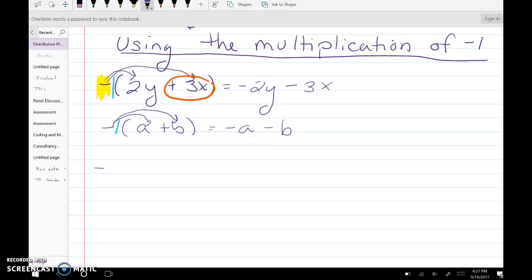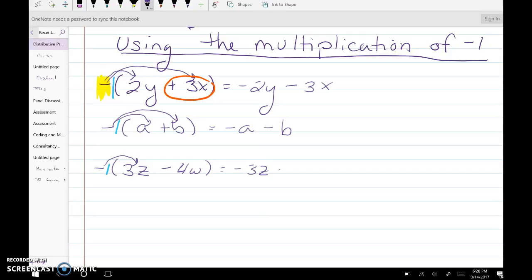What about negative (3z minus 4w)? Well, again, we know that this negative really means it's a negative 1 that has to be distributed throughout. So negative 1 times 3z is negative 3z.